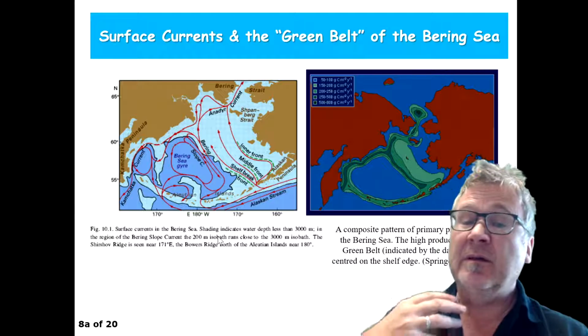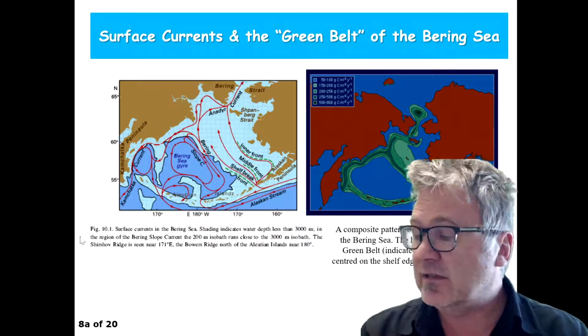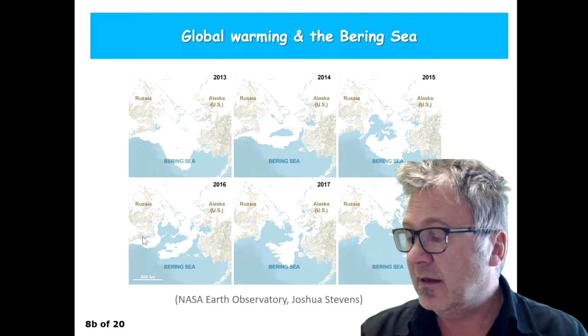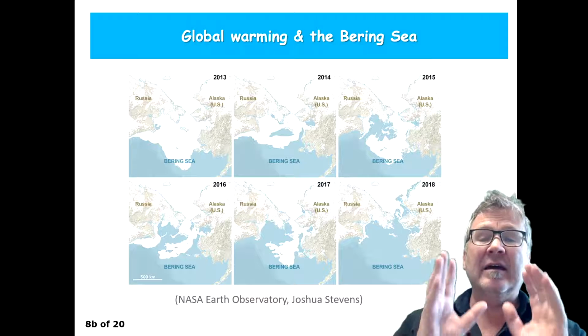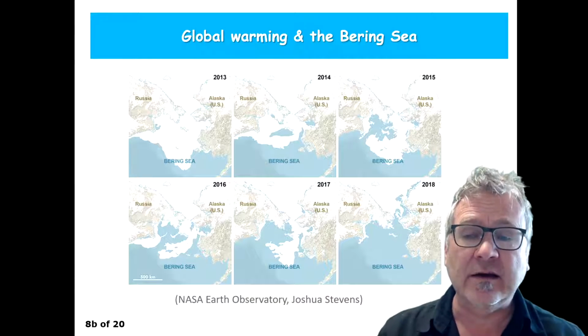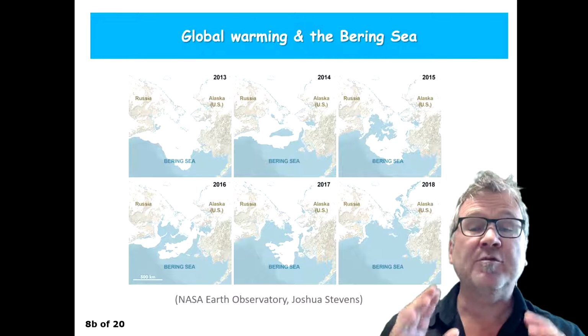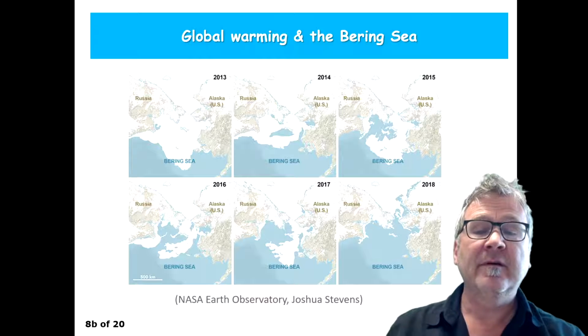And in recent years, we have had dramatic changes in the ice formation, and this is shown here on the next slide. It shows the ice coverage in the Bering Sea in late winter from 2013 to 2018. You can look at the maps.